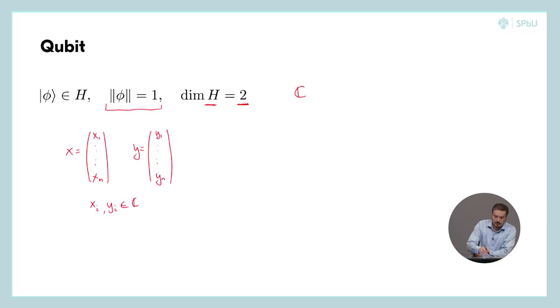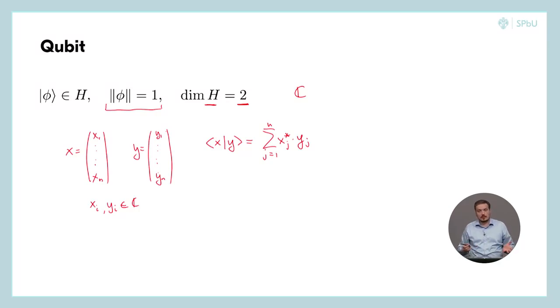Then the dot product, or inner product of x and y, we will denote like this, and it will be this sum: x_j conjugated multiplied by y_j.